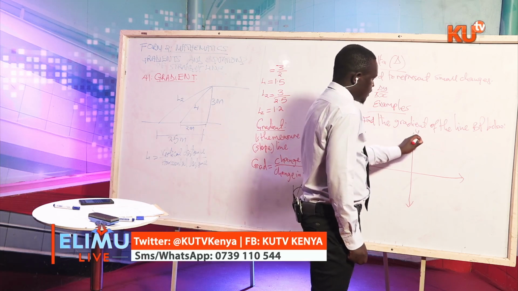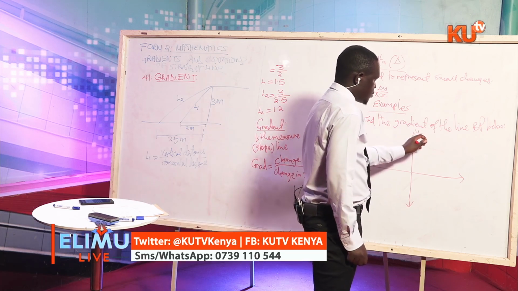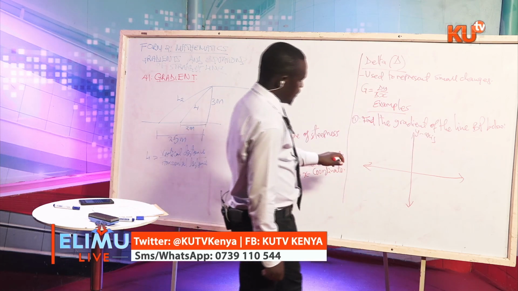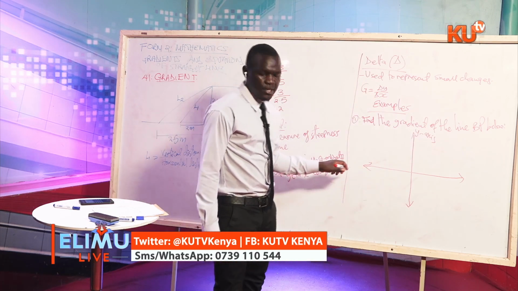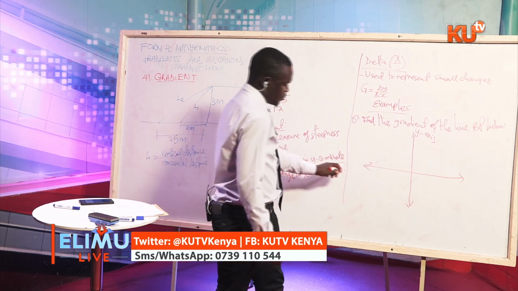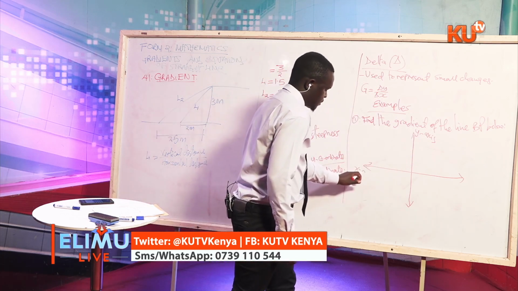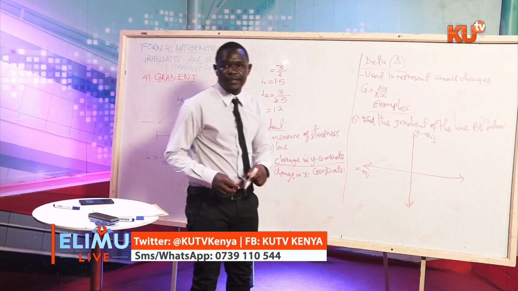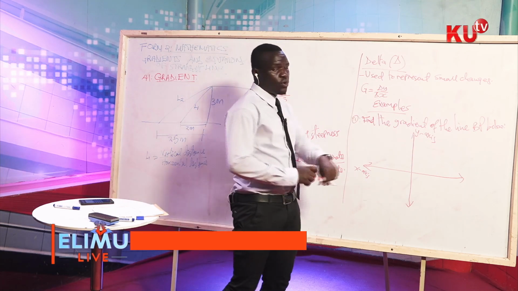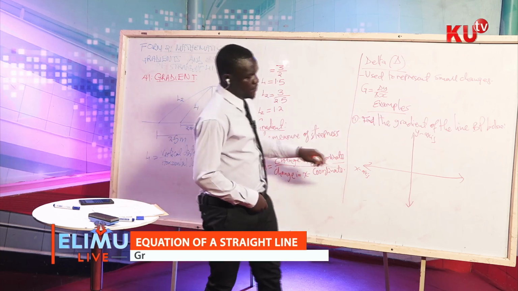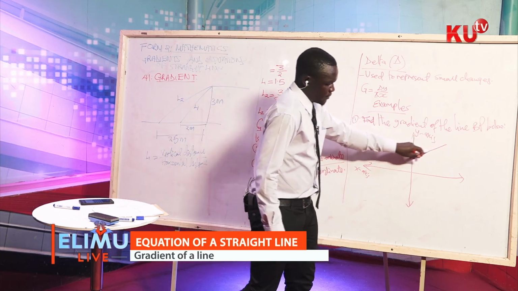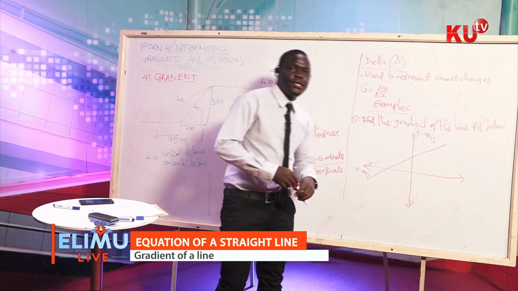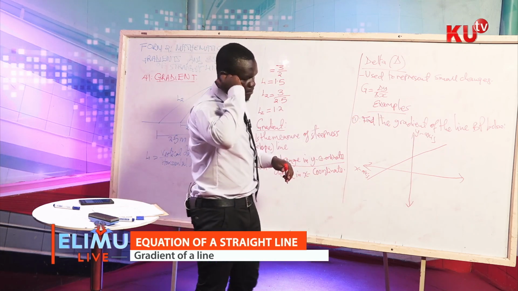The vertical line is the one we call the y-axis, while the horizontal one, this one here, is the x-axis. Maybe in this case this line, which we call BP, is this one here. That is your line BP.